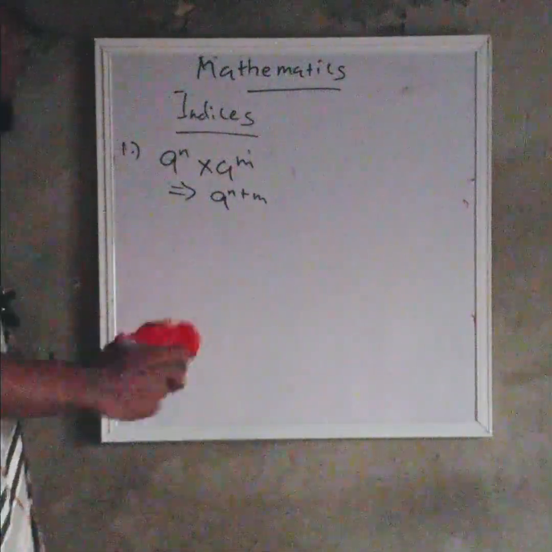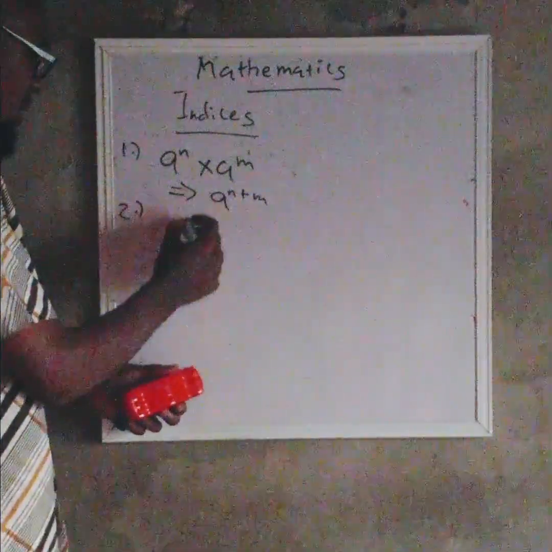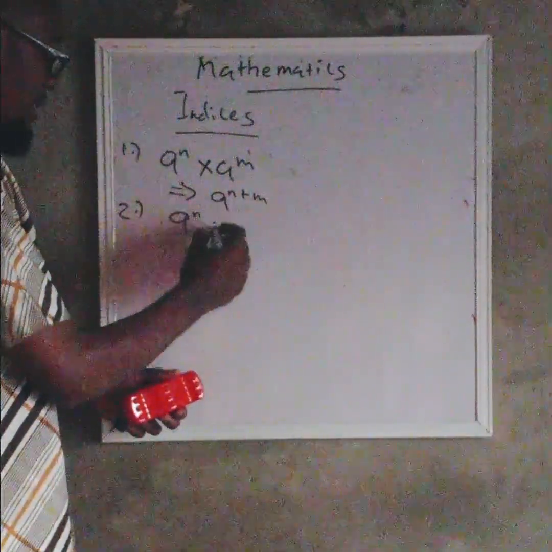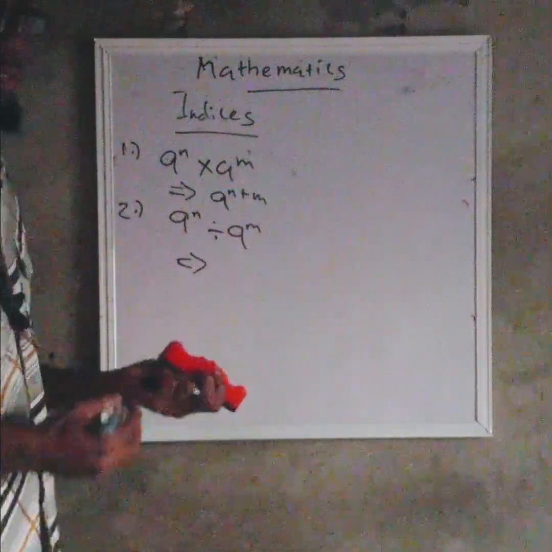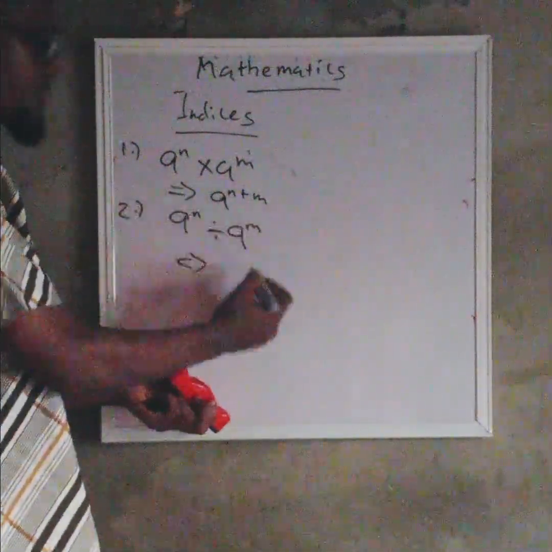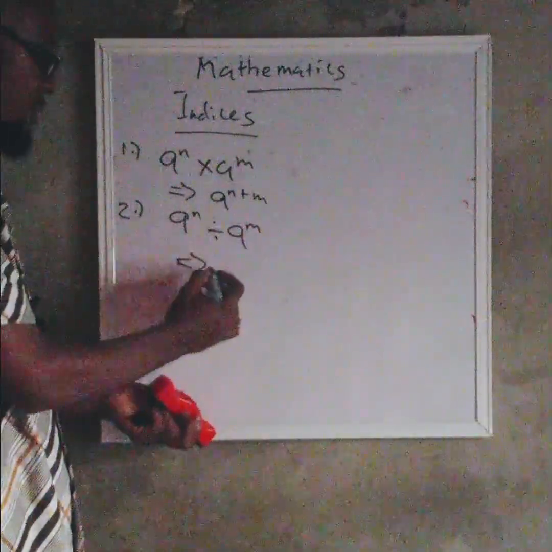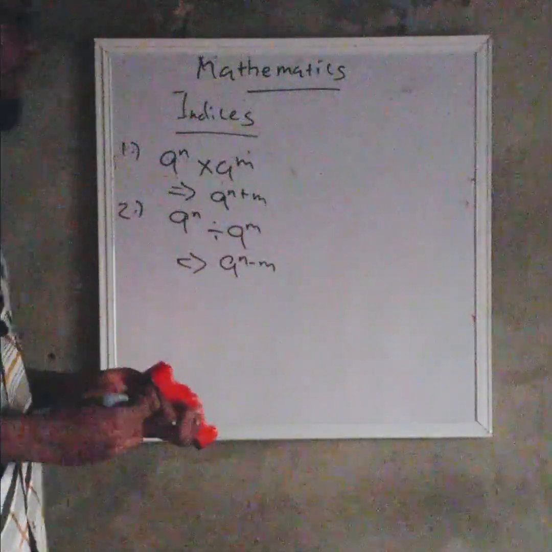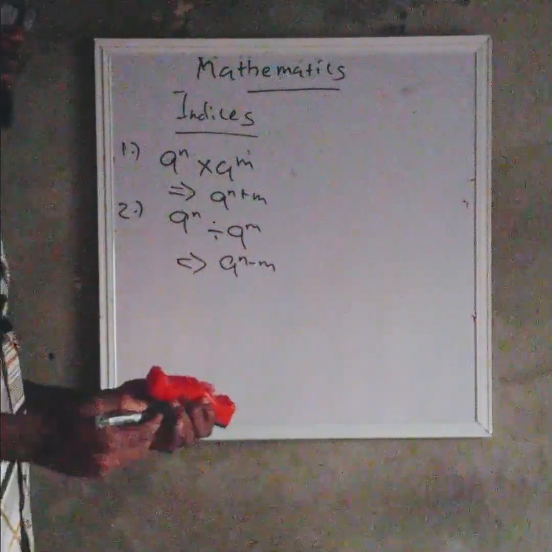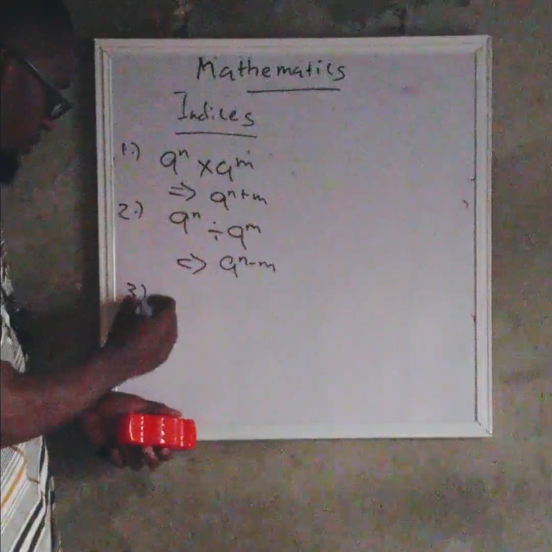The second rule states that a to the power of n divided by a to the power of m equals, in this case, we pick one base and we subtract the powers because it is linked together by division. So we say a raised to the power n minus m. Now the next rule is the third rule.